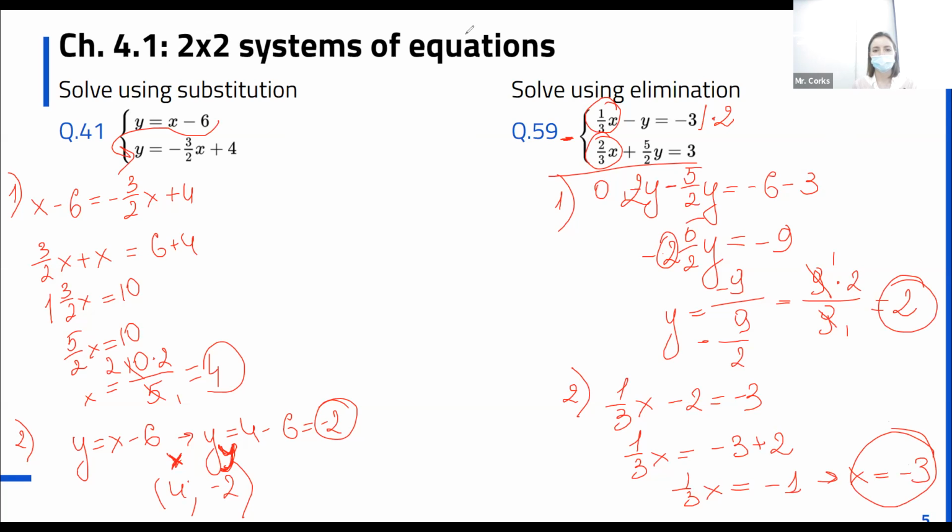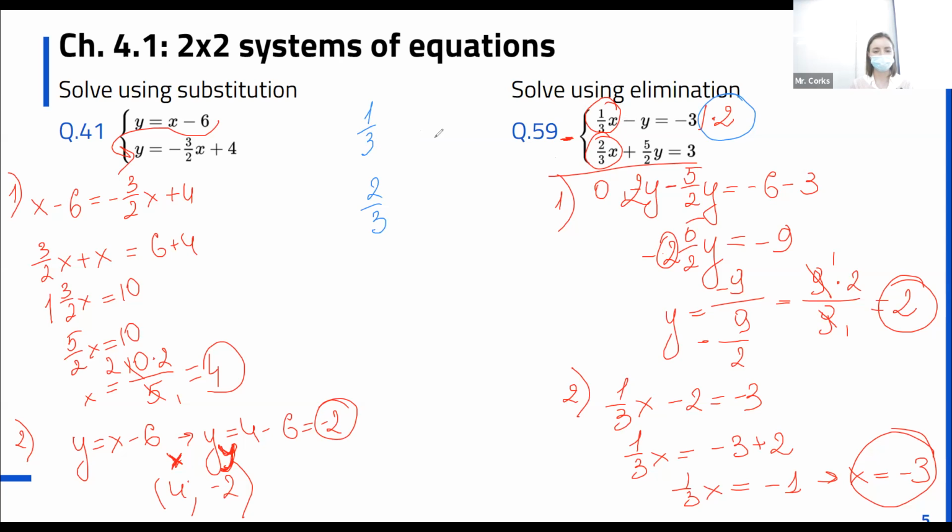There was a question in class, why do we need to multiply by 2 in this case? Take a look that we have different coefficients in front of x. We have 1/3 and 2/3. We need to use elimination for this question. So we need these coefficients to be equal to get rid of x.